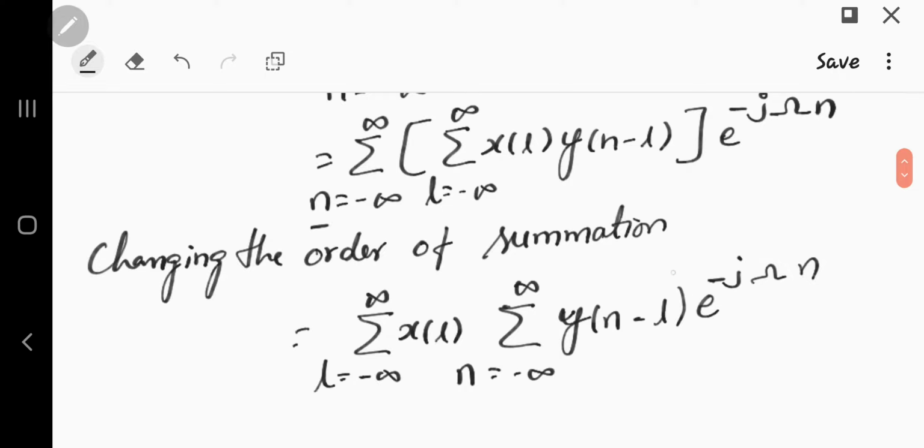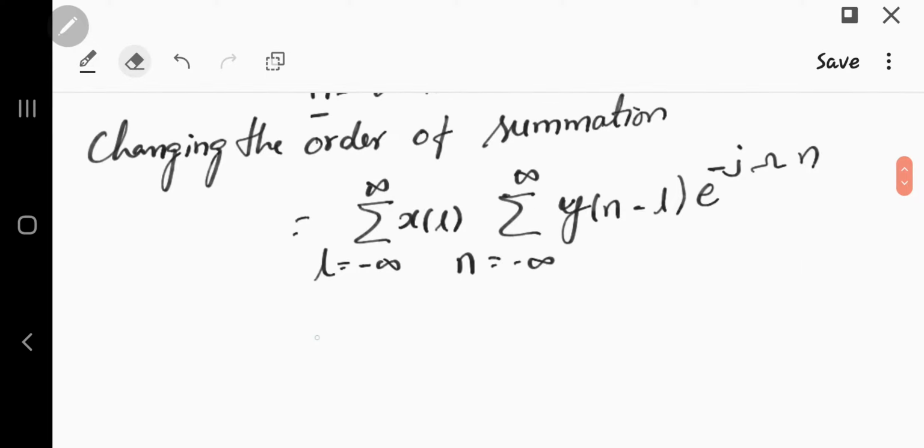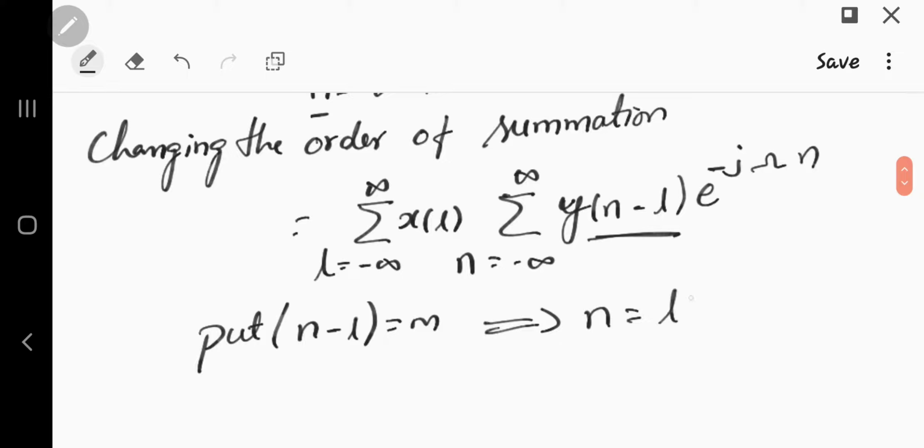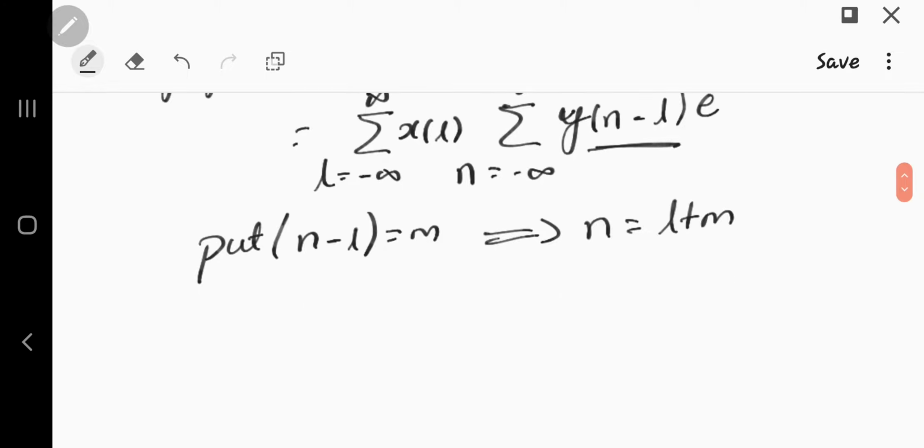So this is applicable for both of them. Let's replace this n minus l with some other variable. Put n minus l is equal to m. That implies n is equal to l plus m, or m plus l.